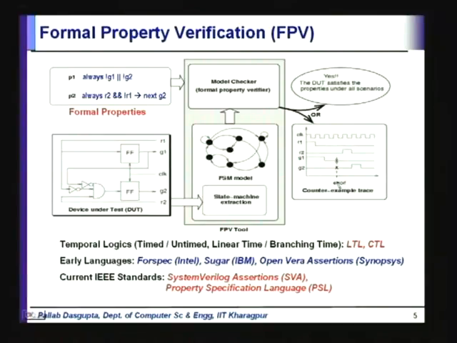So, that counter example trace will be produced by the model checker, right, and if the counter example trace is not found, then it says yes.